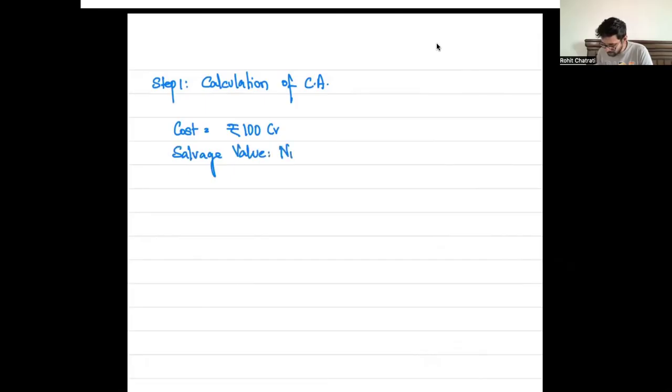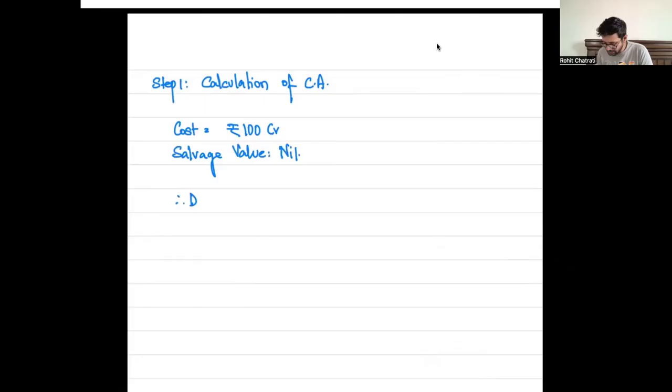So step 1 is calculation of carrying amount. Cost was equal to rupees 100 crores. Salvage value was nil.